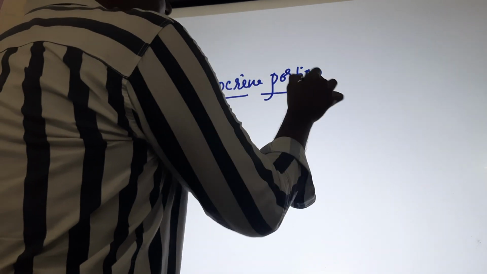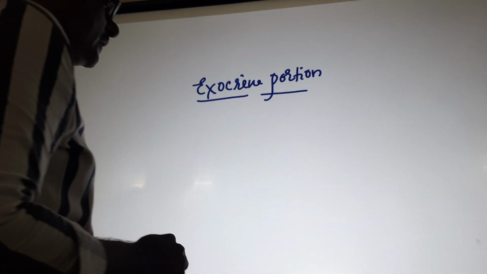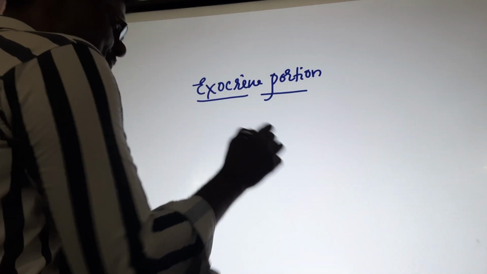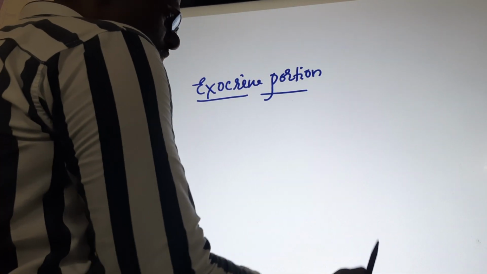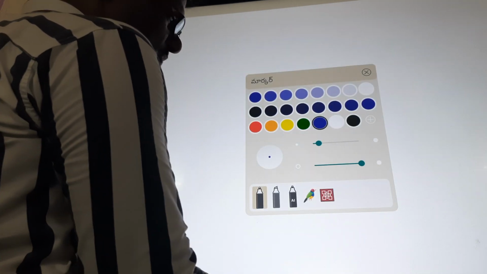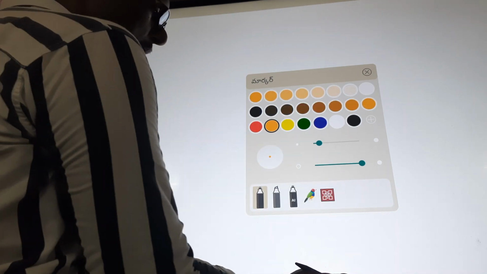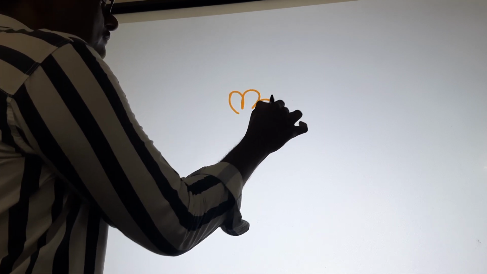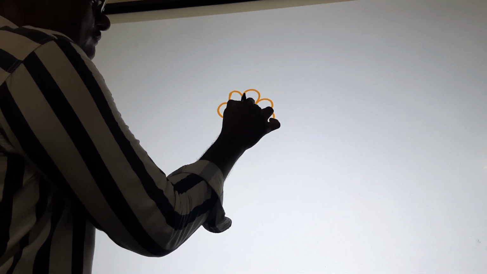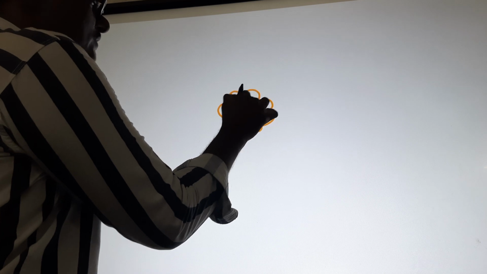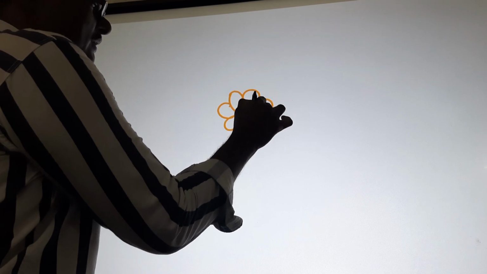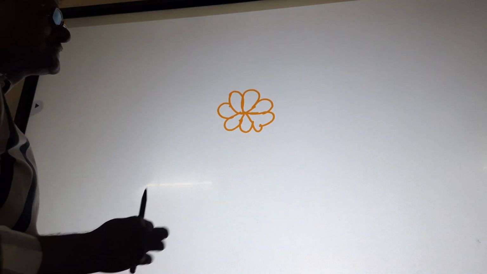Exocrine portion consists of cells in the form of clusters. We see in the pancreas, likewise, a cluster of cells. All they are acinal cells.